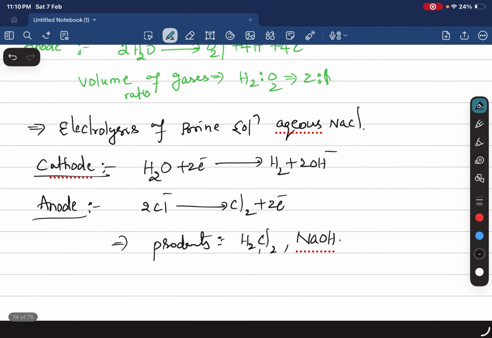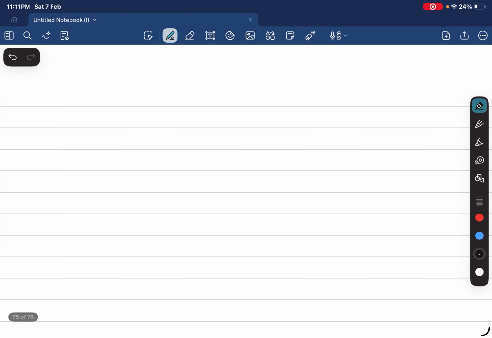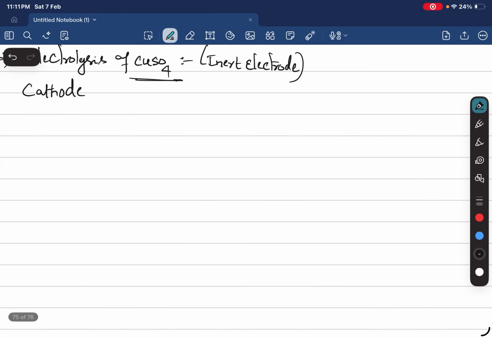Same way, some more electrolytic cells we can discuss. Electrolysis of CuSO4. So here the cathode reaction is, CuSO4 with inert electrodes. An inert electrode is nothing but the electrode which does not participate in electrolytic reactions or electrode reactions.